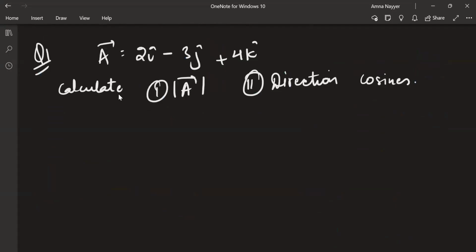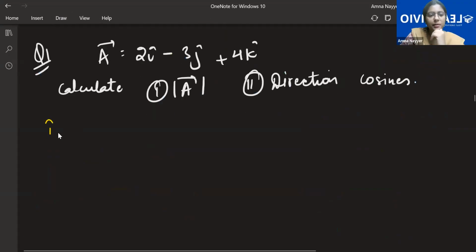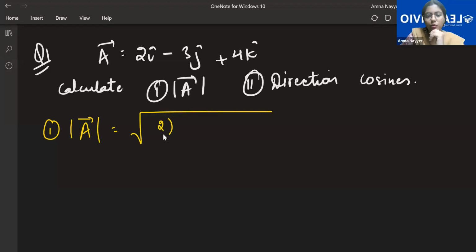Look at this question. See, you have the vector A as 2i cap minus 3j cap plus 4k cap. Now we have to find out first, the first part is magnitude of A. So magnitude of A will be given by under root of 2 square plus minus 3 whole square plus 4 square.